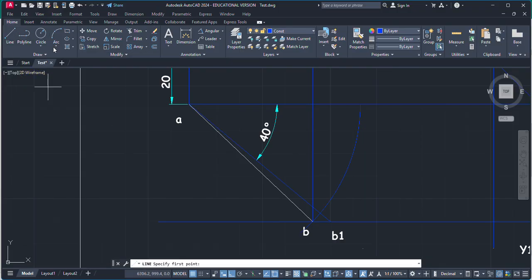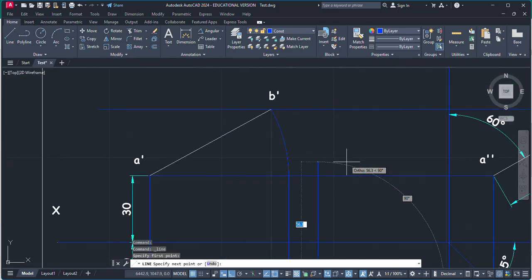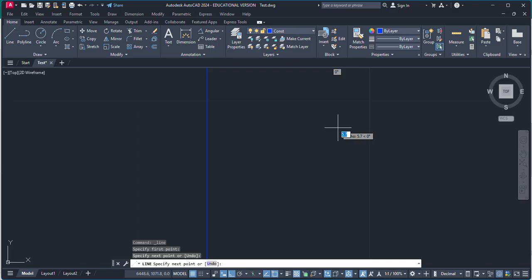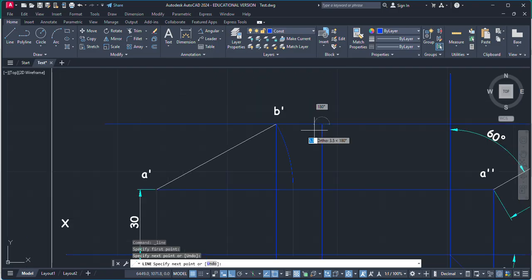Now from this point of intersection, create a vertical line which will intersect with this locus, because this is the horizontal line where the endpoints of the true line will appear. So this is the point which is required. This is the endpoint of our true line.